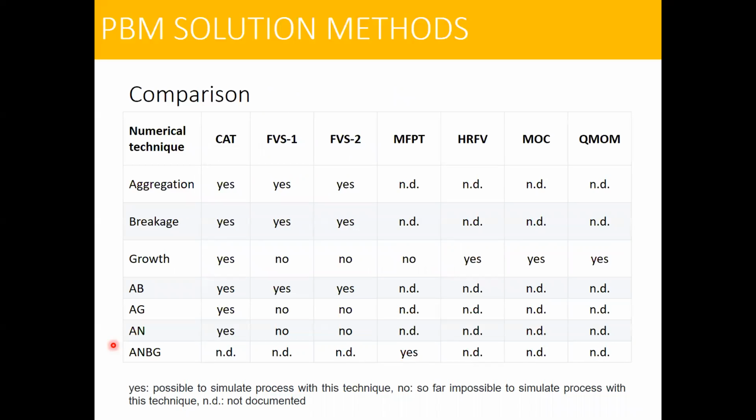Here we have a comparison of some phenomena that have been successfully resolved with each technique and an indication of when a failure has been reported. Here: aggregation, pure breakage, growth, aggregation and breakage, aggregation and growth, aggregation and nucleation, and aggregation, nucleation, breakage, and growth.